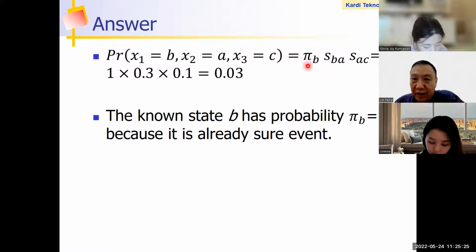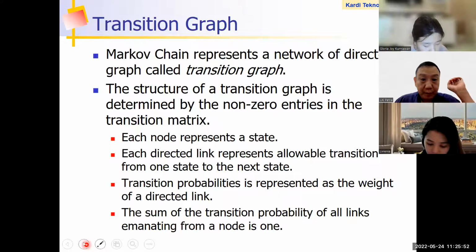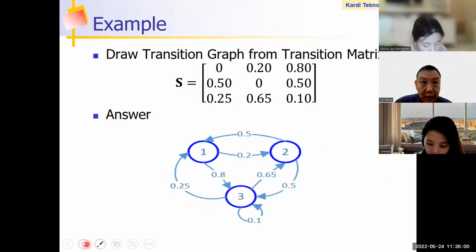First time is B, this is phi, and then you go to the transition from B to A, and then from A to C. But because we know that phi B is already given, surely, phi B is equal to 1. Exactly the same thing.